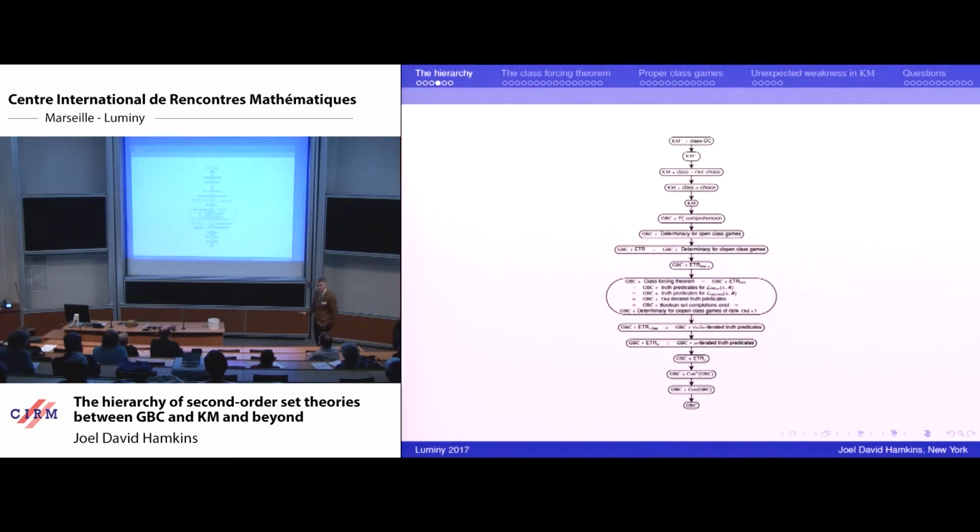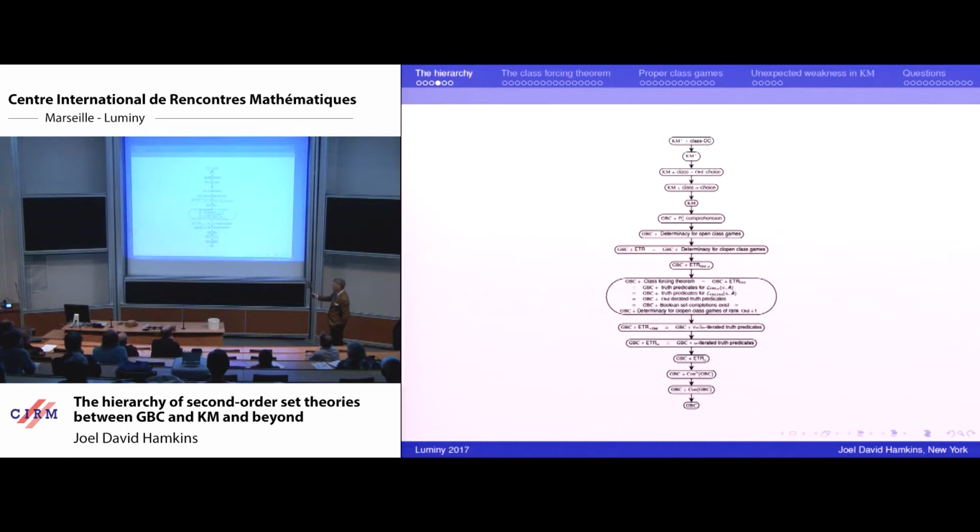So this is a picture of part of the hierarchy of second-order theories. We have Gödel-Bernays at the bottom. I'm sorry, maybe this is too small to see. At the bottom we have GBC, and then consistency assertions or iterated consistency assertions. ETR omega is getting into the elementary transfinite recursion hierarchy for recursions of length omega. That implies the iterated consistency assertions. And then we have higher fragments of ETR.